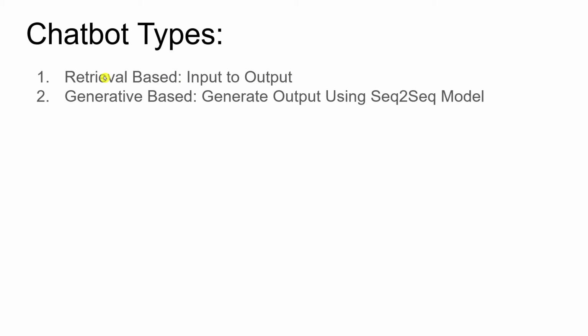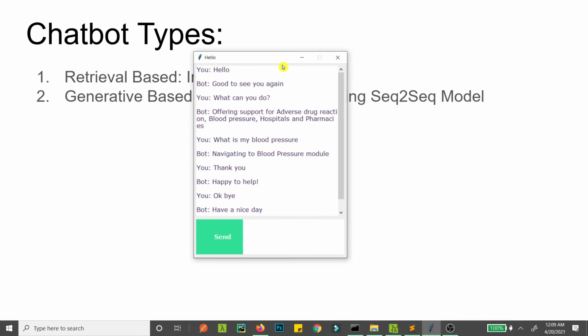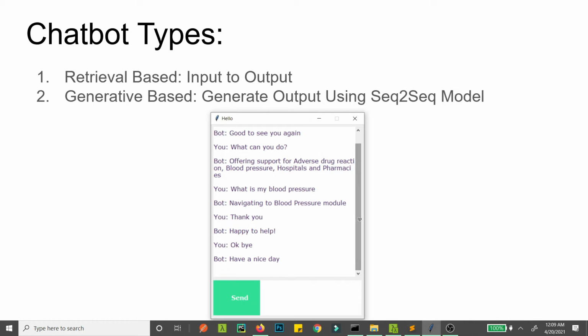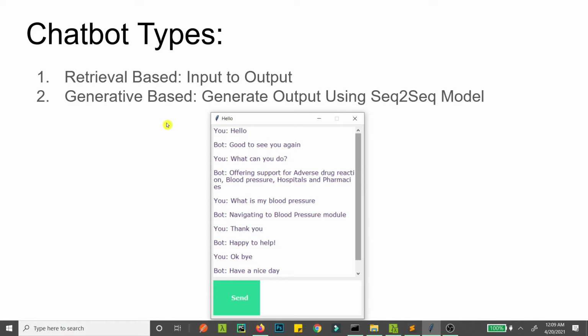In generative based, we use a sequence to sequence model, and the model can create its own output. The machine can frame and generate its own sentences, but in retrieval based, the sentences are chosen from a predefined training set or data set. What we are creating is a retrieval based chatbot.